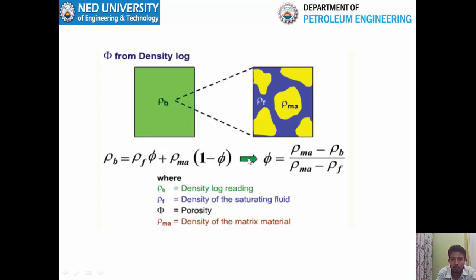In order to calculate porosity, you first need to estimate the type of lithology, whether it's sandstone, limestone, dolomite, a mixture of sandstone and dolomite, a mixture of sandstone and limestone, or a mixture of sand and shale. So first we need to estimate the type of lithology and type of fluid, and then we calculate porosity using this equation.